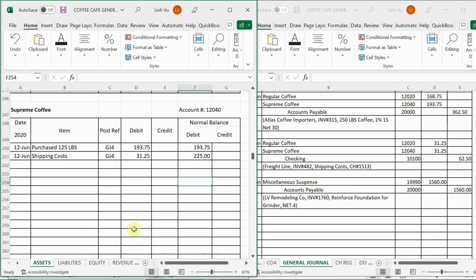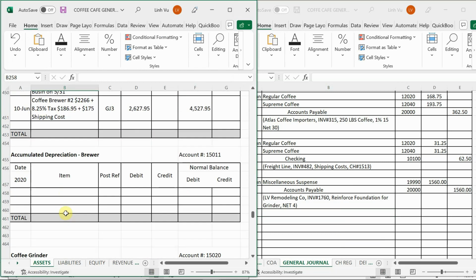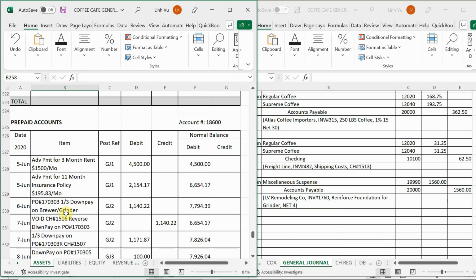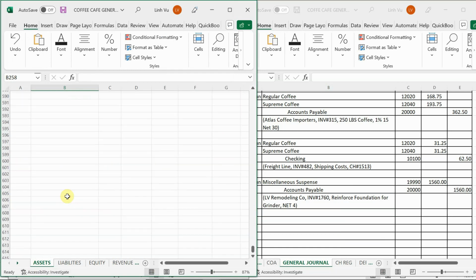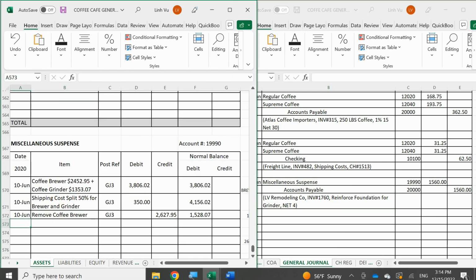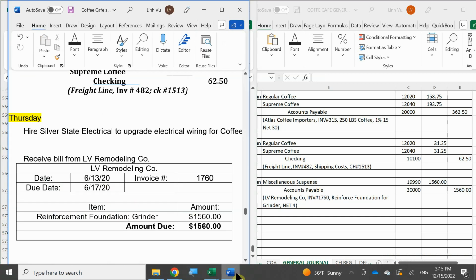Okay. So we have another miscellaneous suspense. We're adding to the cost of the coffee grinder now. There you go. I finally got there. Today is the 13th, 14th?